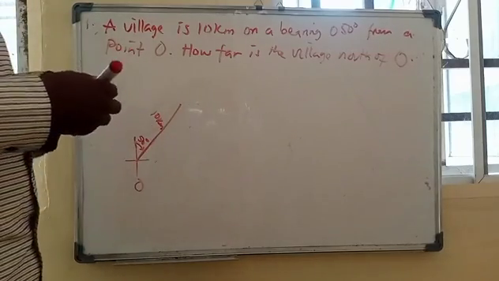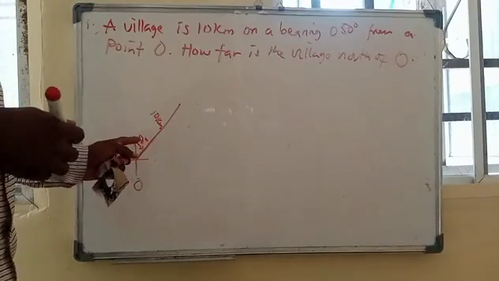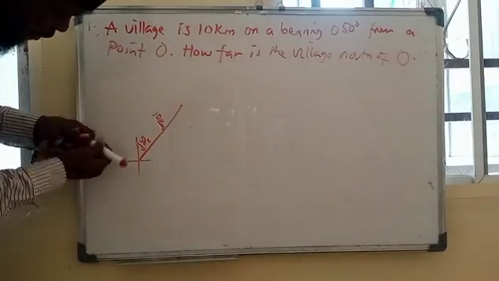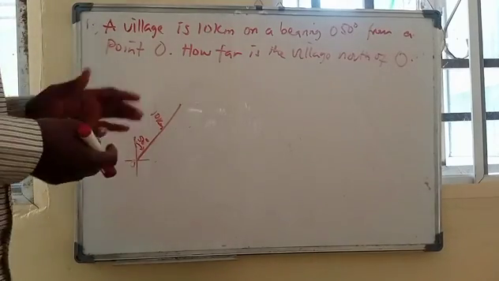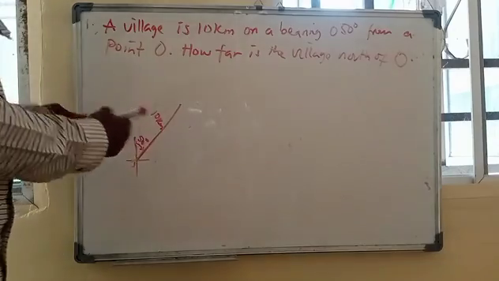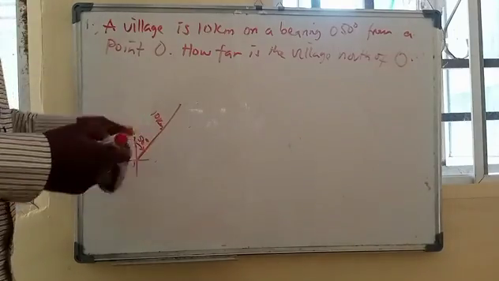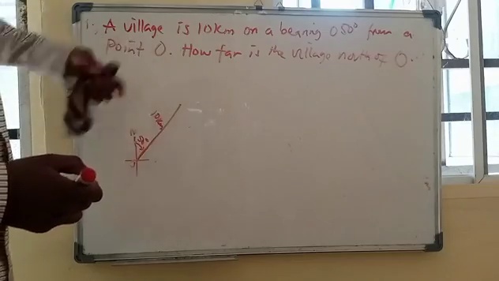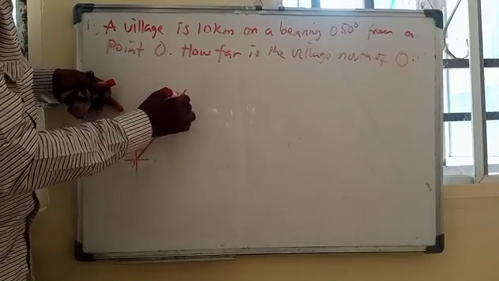When you turn 50 from O, mind you, we are always moving from north, then clockwise. So turn 50, then move 10 kilometers, and you have the village here. Let's say the village is V.